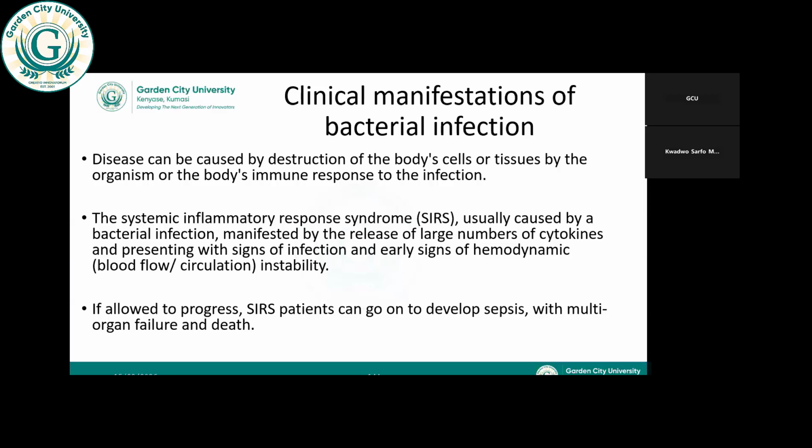Or sometimes can have instability in the blood flow as a result of these bacterial infections that have progressed. And if treatment is not given early, most of them will develop into sepsis and sometimes results in the death of these clients or patients.